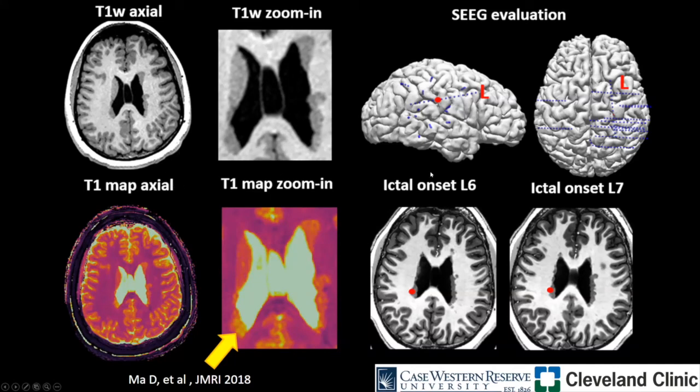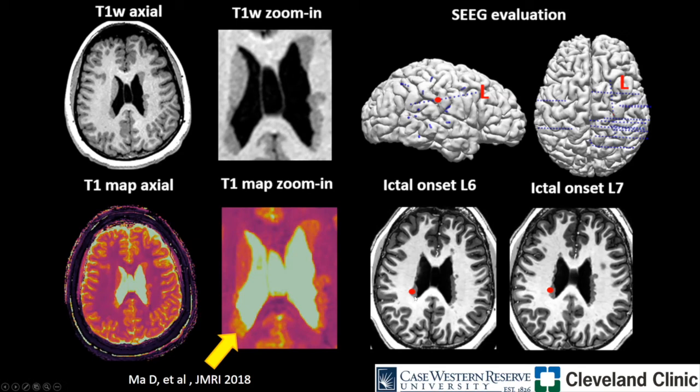So this patient later had an invasive SEEG, where the EEG was implanted into different parts of the deep brain in order to identify the actual seizure onset location. This red dot shows the seizure onset location, which actually matched the T1 increase area here.